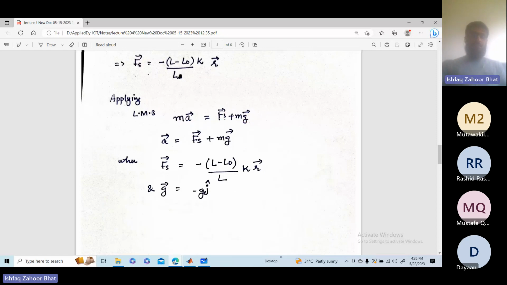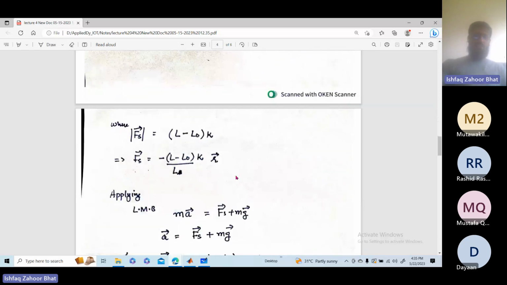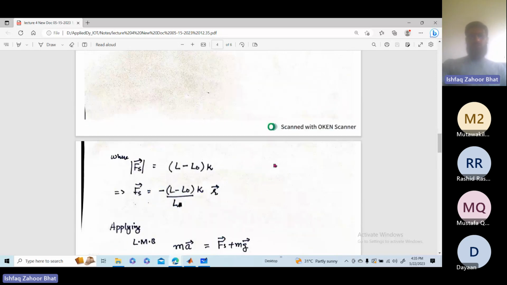See, you are saying that you take the component of this mg along this direction. So at each point I have to calculate this theta, and then use the FBD or the angle in the linear momentum balance equation in that direction. I don't know those things.